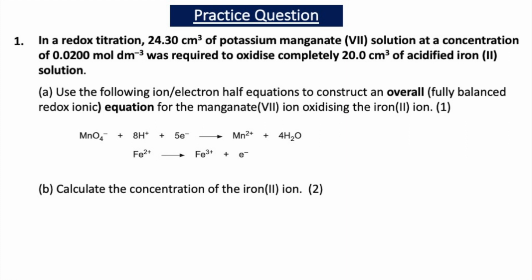In addition, we learned how to write half equations to represent oxidation reactions and how to combine these half equations that represent the reduction and oxidation processes that are taking place in a redox titration. Now, in our last video we attempted a number of titration calculations where we had to use these overall equations that we'd produced by combining the half equations for reduction and oxidation processes.